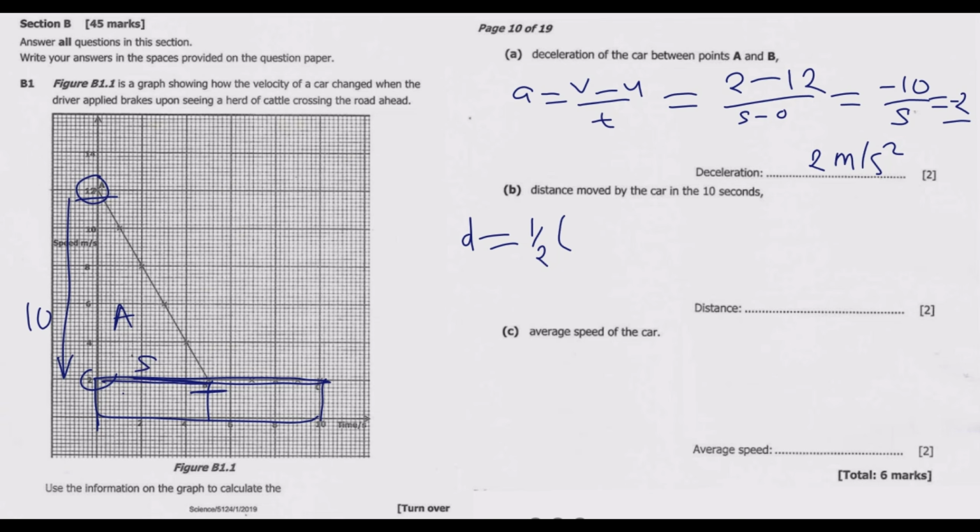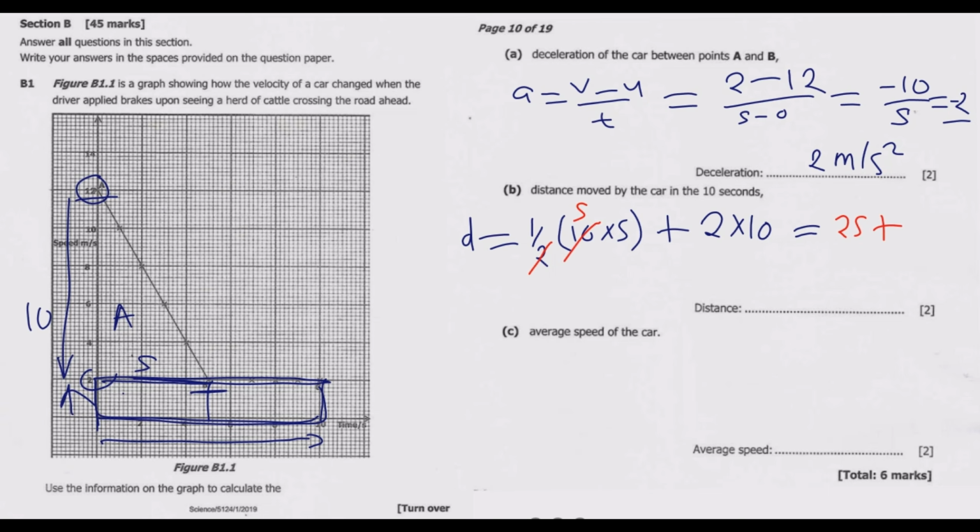So what we have is half times 10 multiplied by 5, and then plus the rectangle. So from here to here is 10, then the height is 2. So it's 2 times 10. Half of 10 is 5, then 5 times 5 we get 25.